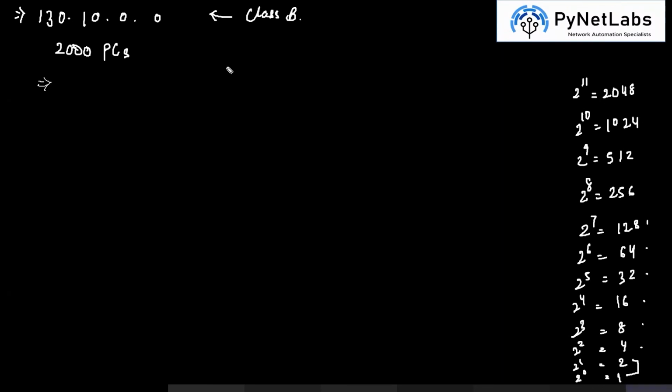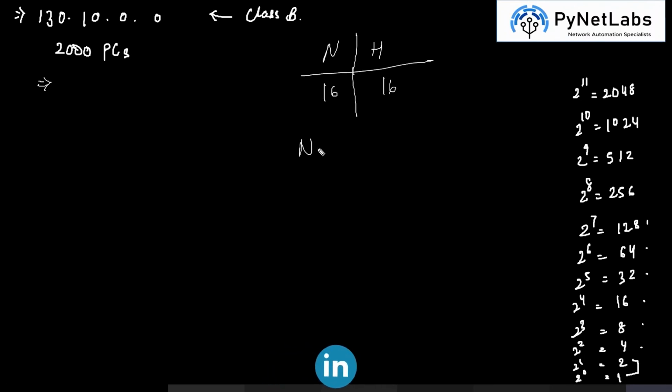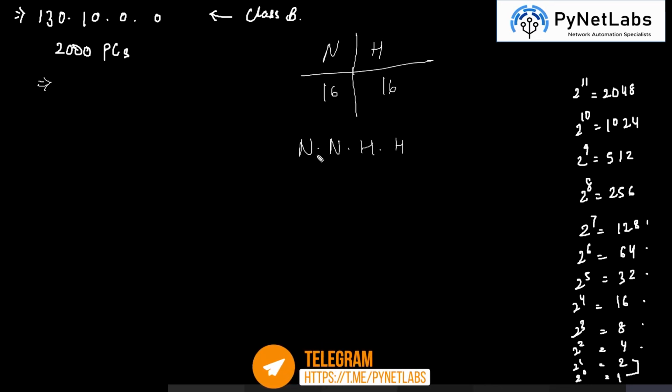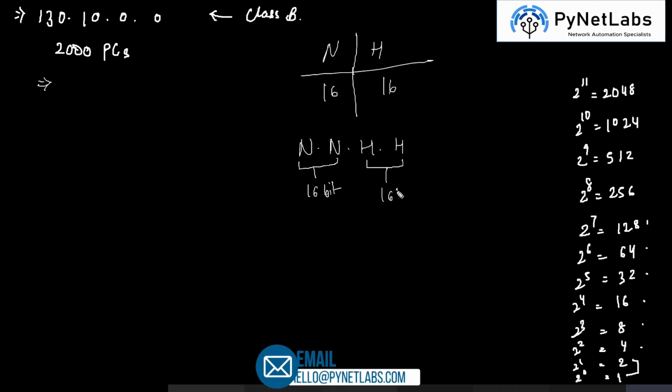Now, when we look at the default distribution of network and host bits in class B, it is 16 and 16. How do we know this? We know that the prefix for class B is N.N.H.H, which means 16 bits of network and again 16 bits of host.